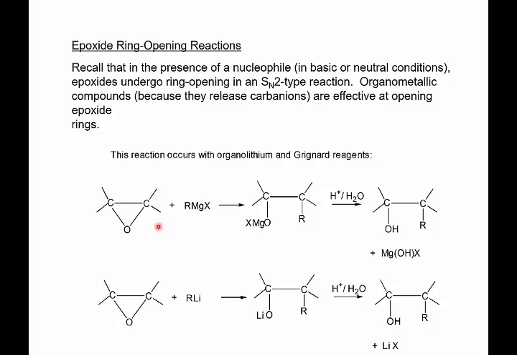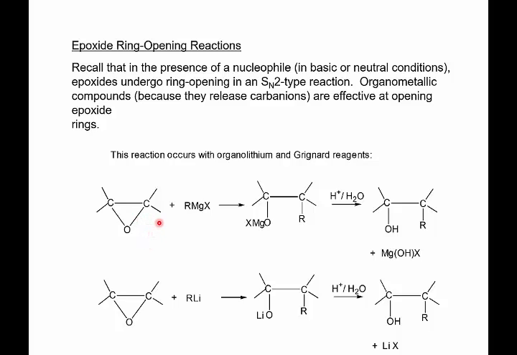Now, epoxide reaction, of course, is ring opening addition, but the rate determining step is the attack of a nucleophile on the carbon, breaking away this oxygen. The attack of the nucleophile on the carbon is basically an SN2 type process, if you recall.